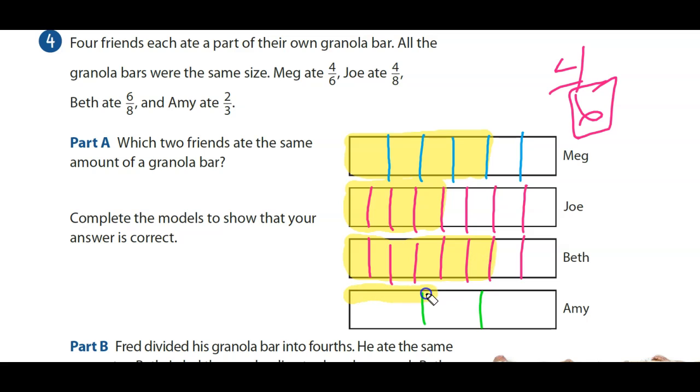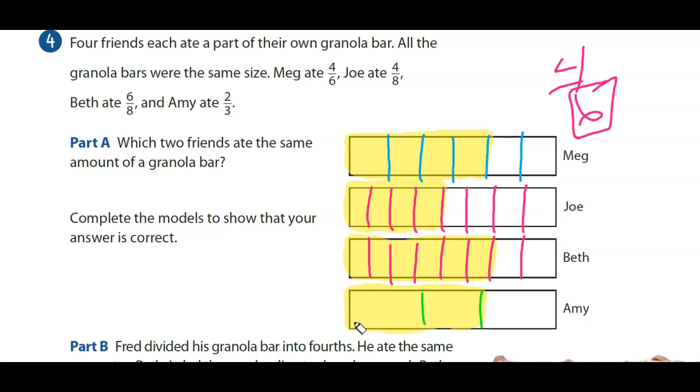I need to color 2 of them. Which 2 friends ate the same amount of granola bar? Who do you think ate the same amount? Meg and Beth. No. Meg and Joe. Meg and Amy did.